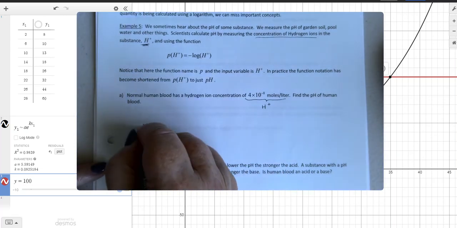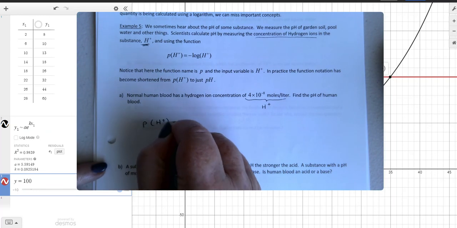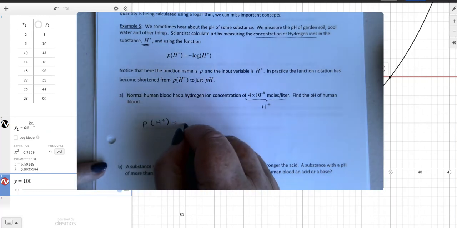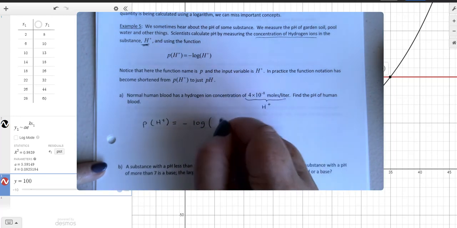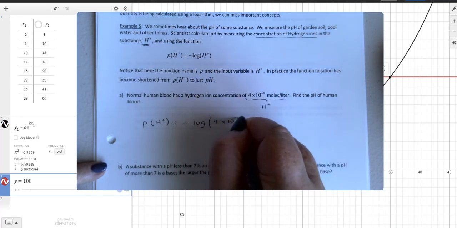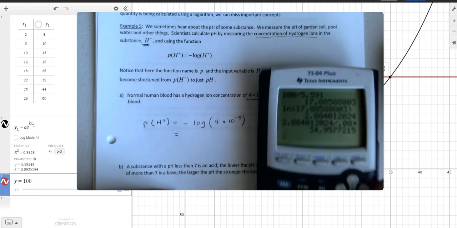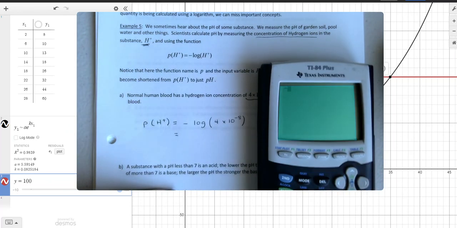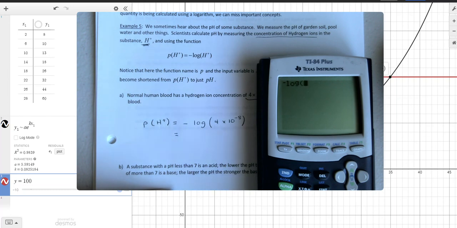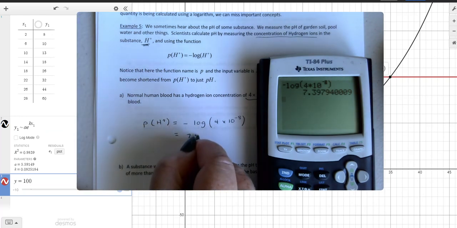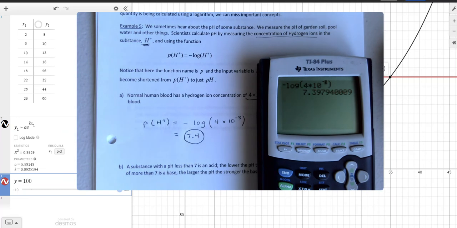So using our formula, the pH is going to be minus the log of that value, which you can do either with Desmos or a calculator, negative log 4 times 10 to the negative 8th power is about 7.4. Okay, so normal healthy human blood, pH of about 7.4.